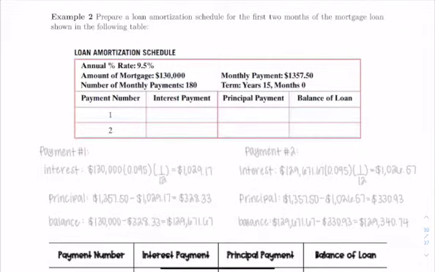So for the first row, payment number 1, the first thing we're going to do is find the interest payment. To do that, we take the amount of the loan, which is $130,000 right now.